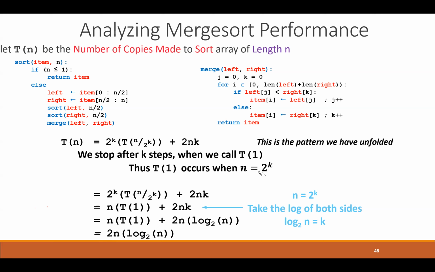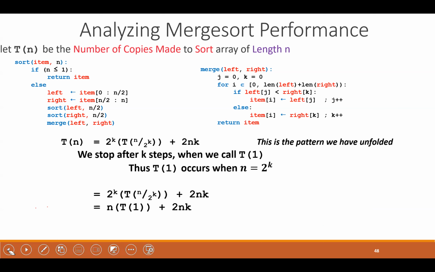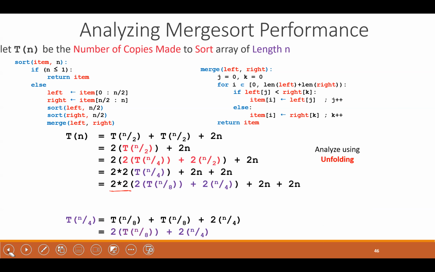K is the depth of the recursion tree, right? If you remember, we started with the list and split it in 2, so k is the number of times we can split that list into 2 until we have a list of size 1.